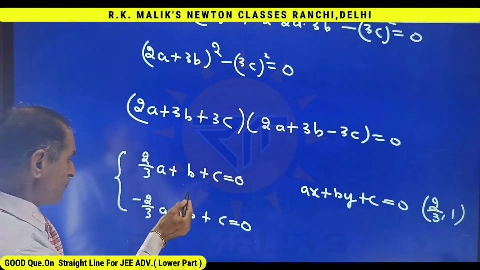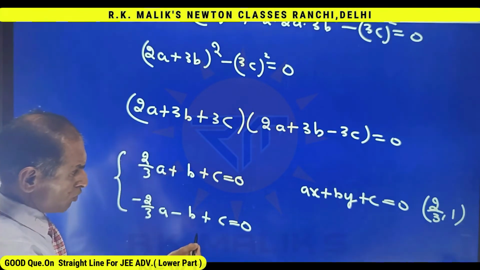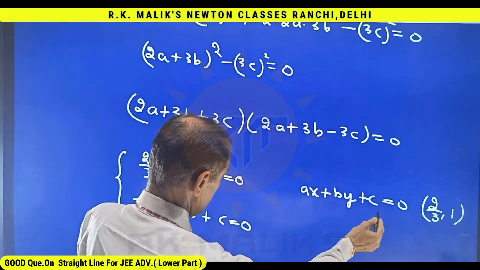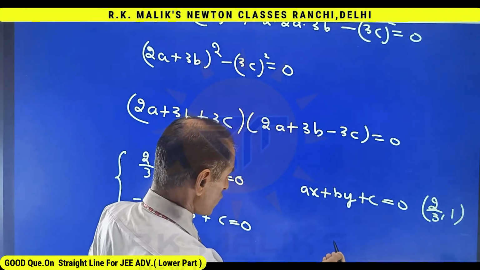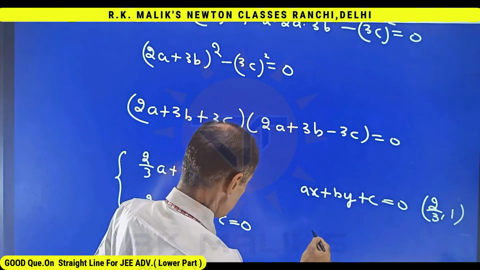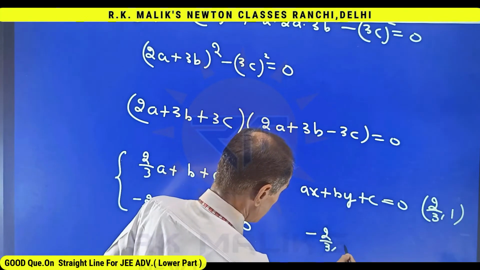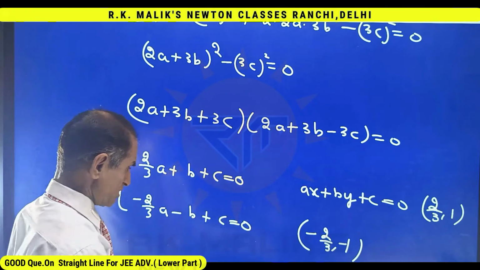And for the values of a, b, c which satisfy this condition, the line of the form ax plus by plus c equal 0 will represent another family of concurrent lines, and the point of concurrency will be (minus 2/3, minus 1). Comparing this and this, we can see.